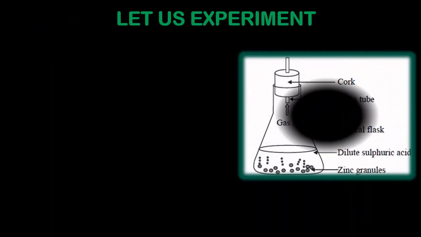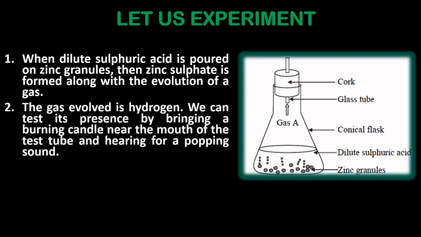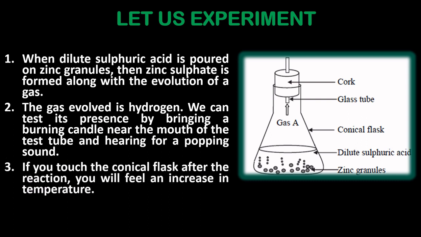In this experiment, when dilute sulfuric acid is poured on zinc granules, zinc sulfate is formed along with the evolution of a gas. The gas evolved is hydrogen. We can test its presence by bringing a burning candle near the mouth of the test tube and listening for a popping sound.